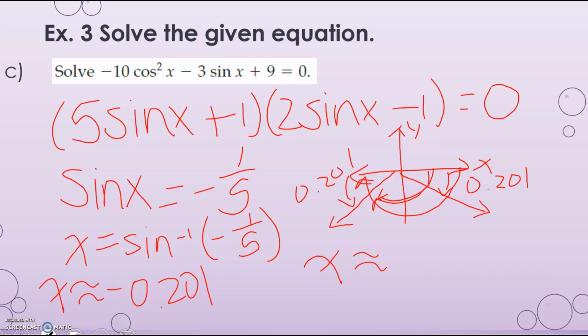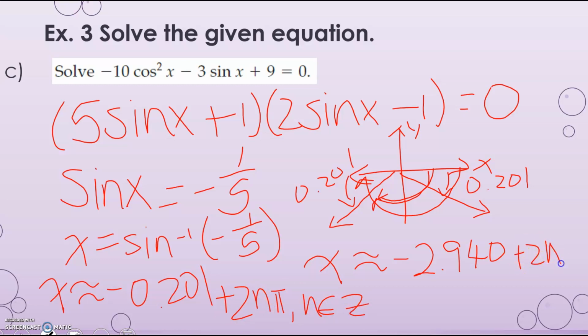When I do that, this gives me negative 2.940. Again, I am including all the solutions, so we need plus 2n pi, where n is an element of integers, and plus 2n pi, where n is an element of integers. All these together will give me all the solutions for this particular question.